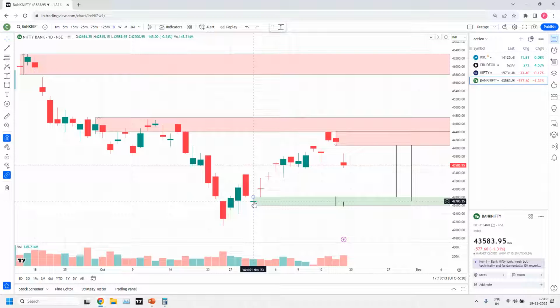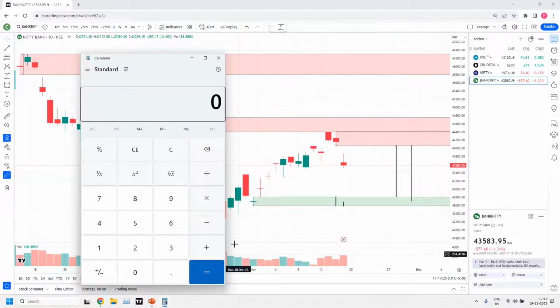What is the high value? 42,815.15. What is the low value? 42,589.65. So subtract both the values.